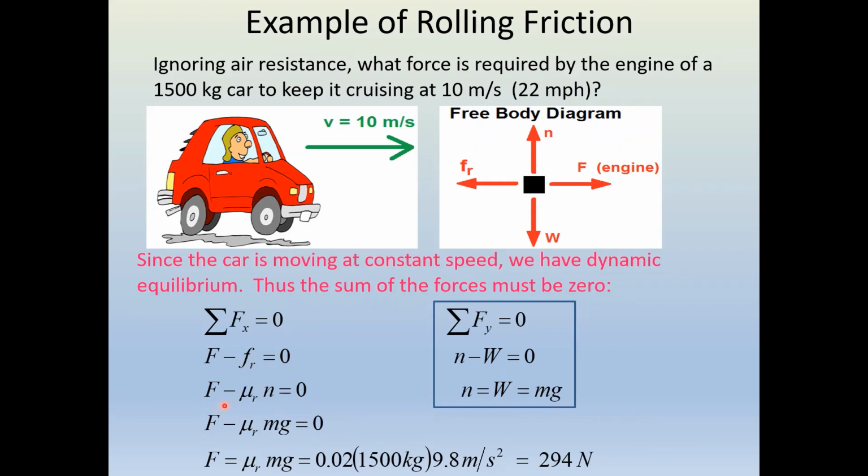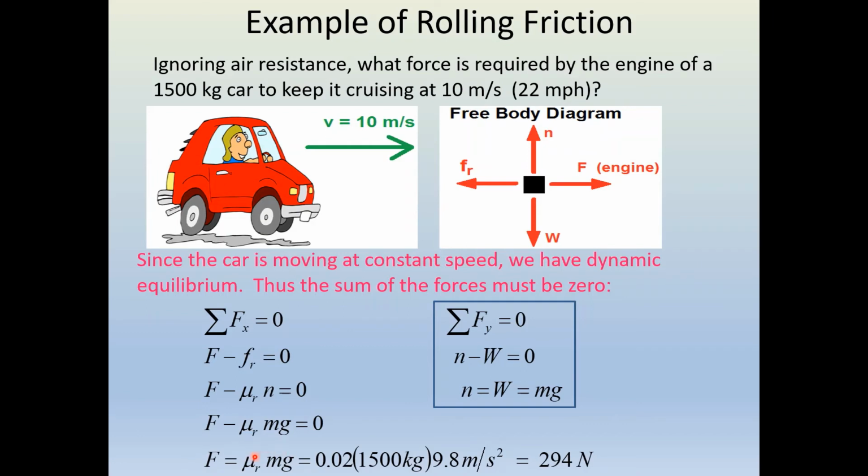So we have F minus mu sub r times the normal force. Remember, the rolling friction force is mu times N. And that all is equal to 0. The normal force we found over here was equal to mg. So the engine force required is equal to mu times mg.